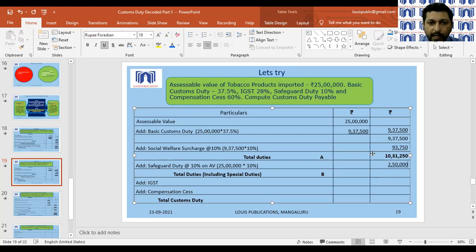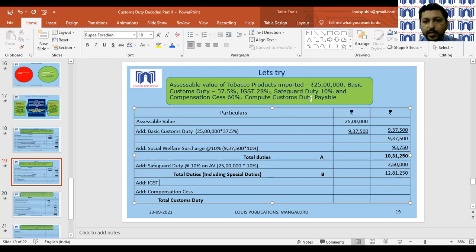So the total of 10,31,250 plus 2,50,000 will be 12,81,250.